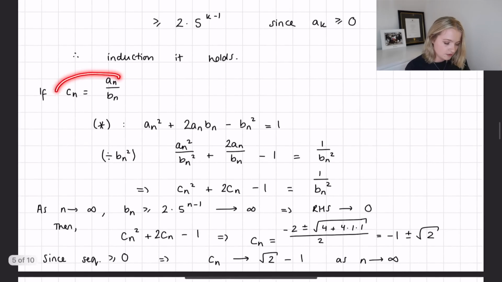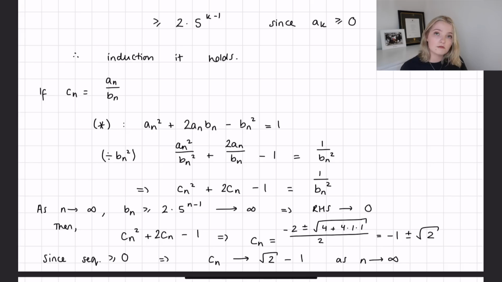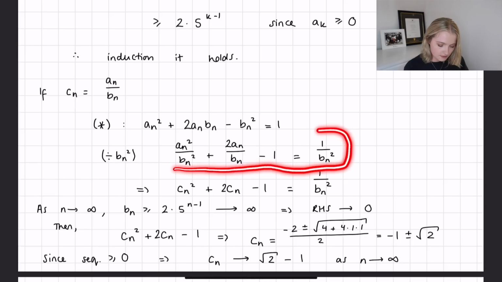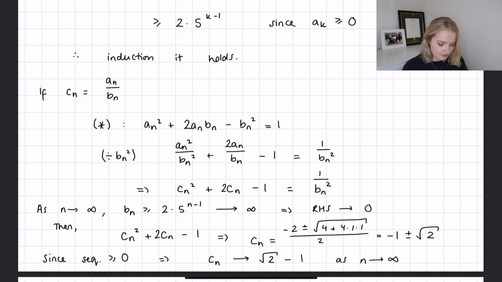So we are told this at the start of the question. We know that Cn equals An divided by Bn. I rewrote out what our star equation was just to remind us. And we can do some manipulation on this. So what I did was I divided by Bn squared. So we get this equation for star. Essentially it's star, but just rewritten in a different format.